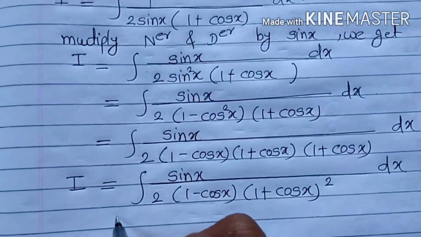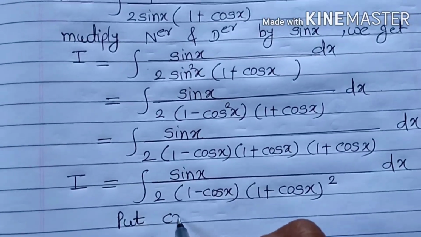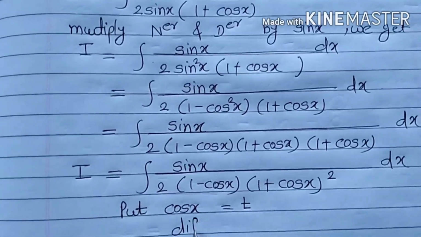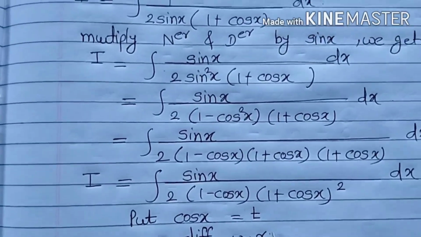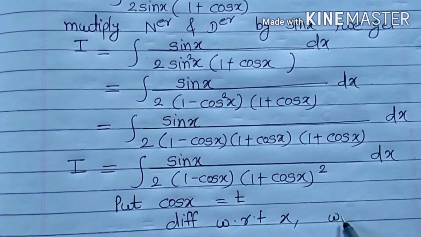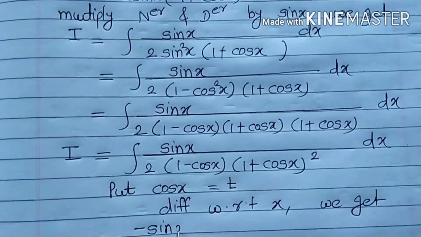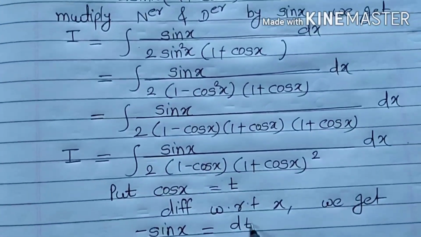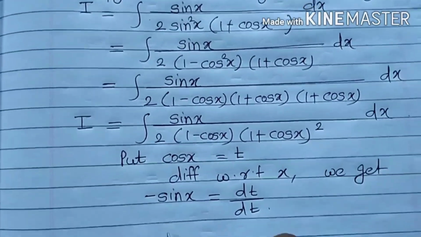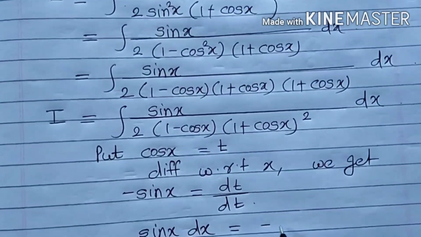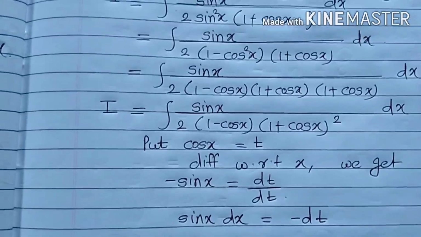Now put cos x equal to t. So differentiate with respect to x. We get minus sin x, and here dt upon dx. So sin x dx is equal to minus dt.